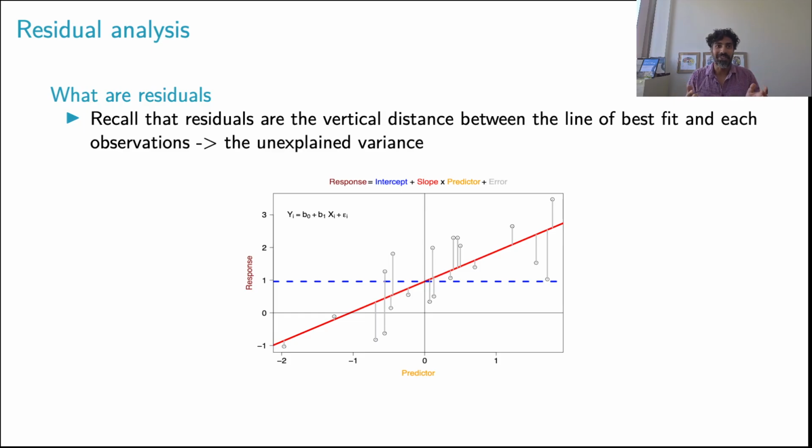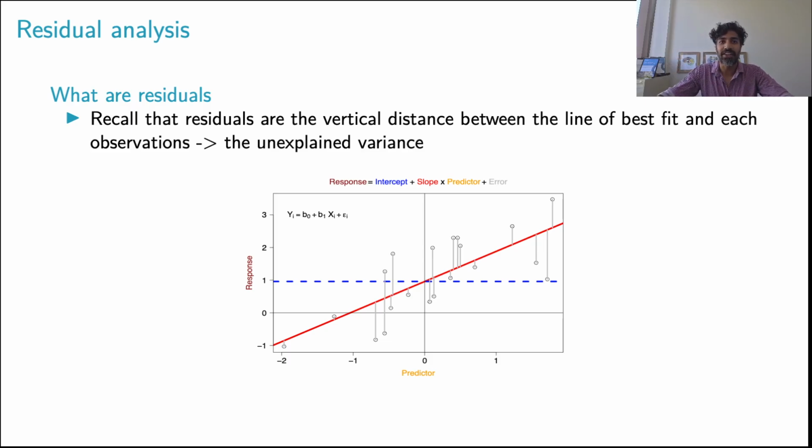What are residuals? Hopefully you have a good sense as to what residuals are, as we've been touching on it thus far. We're talking about it now in the context of variance, and as always, it's important to recall that residuals are these gray points added up. It's the vertical distance between the line of best fit and each observation.